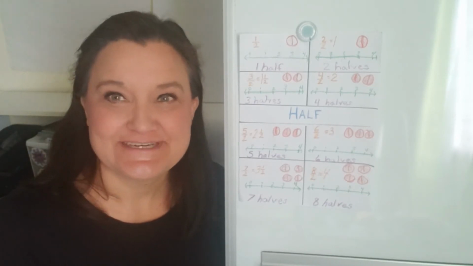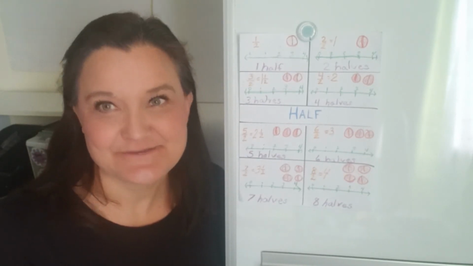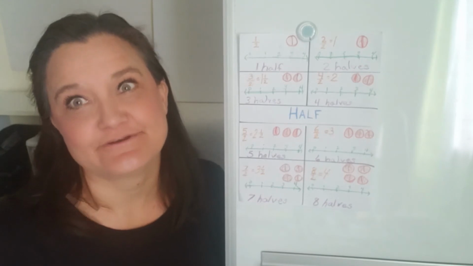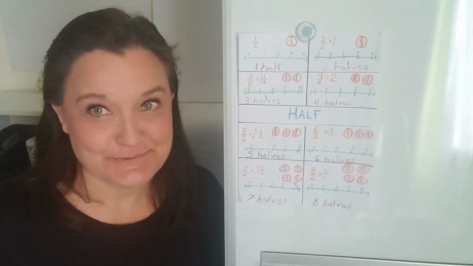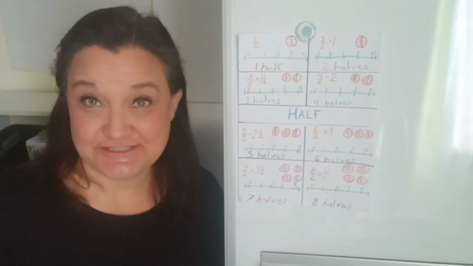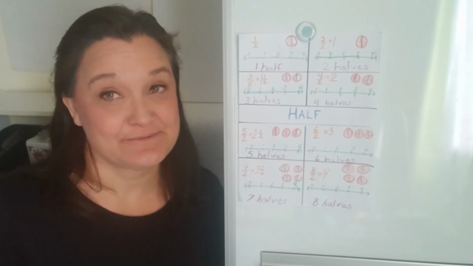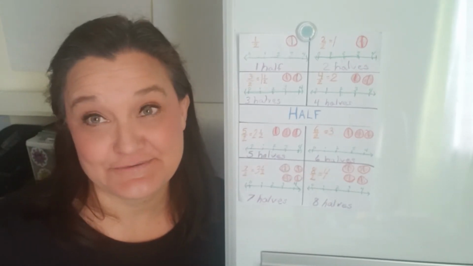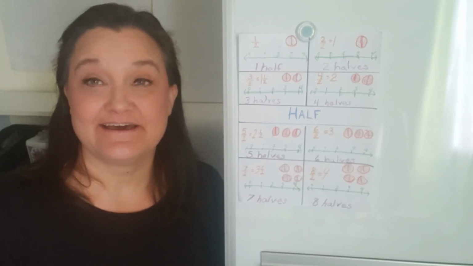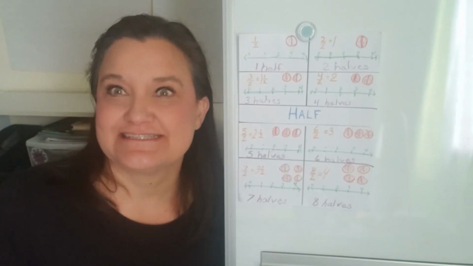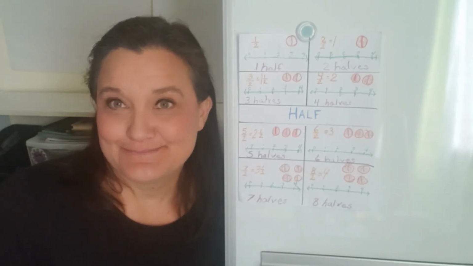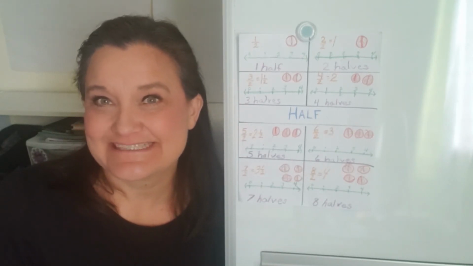Some of you will want to go above and beyond. You always work for the EE or exceeding expectations, and you show so much more. So if you want to do that, I have a page that models for you one way that you could do it. I thought, well, if you have to have at least 4 sections, 8 sections and counting higher would be exceeding expectations.